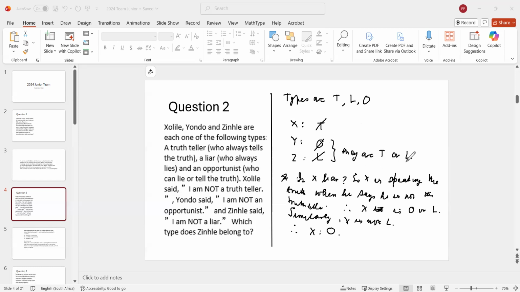And he is one of T or L, so he's speaking the truth, right?